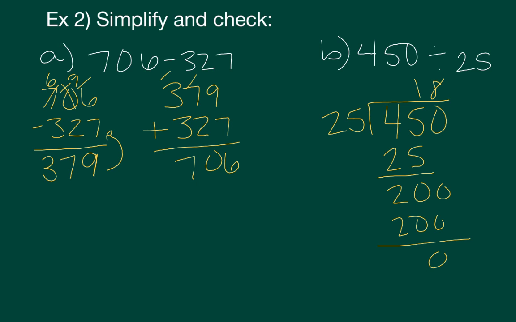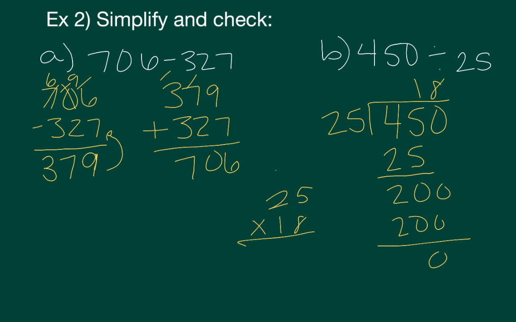So 450 divided by 25 is 18. Now, what's the opposite of division? Multiplication. So to check our work, we multiply 25 times 18.